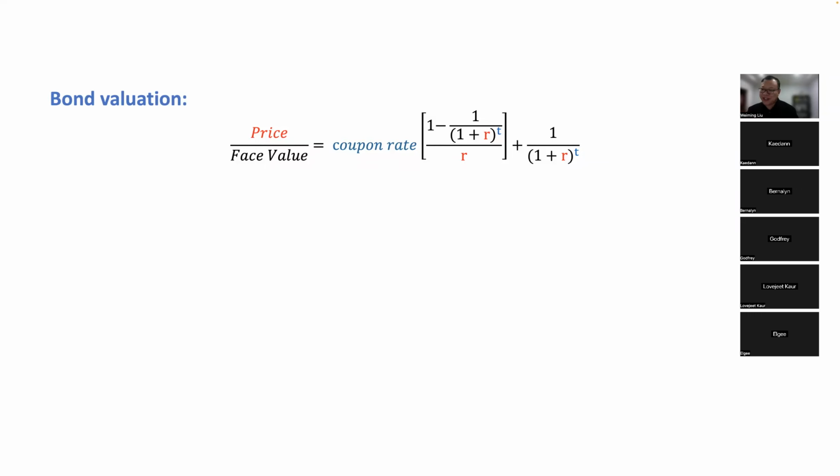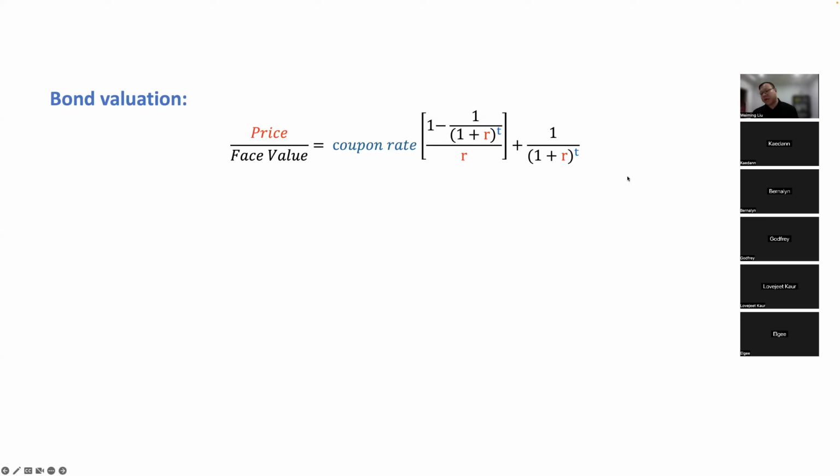That's an annuity because the coupon payments are equal for each payment, and spread out over multiple time intervals, right? And then this one is the lump sum payment, the final lump sum payment after time t. This is the discount factor. So this formula should not be that hard to understand.